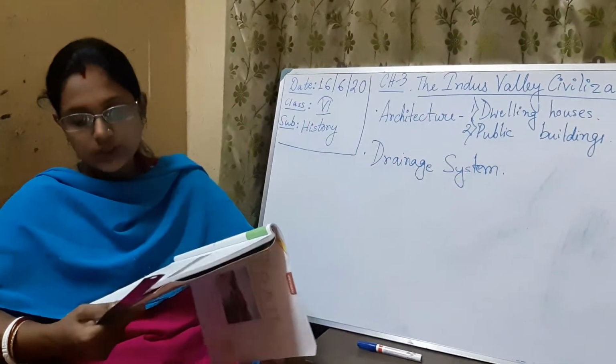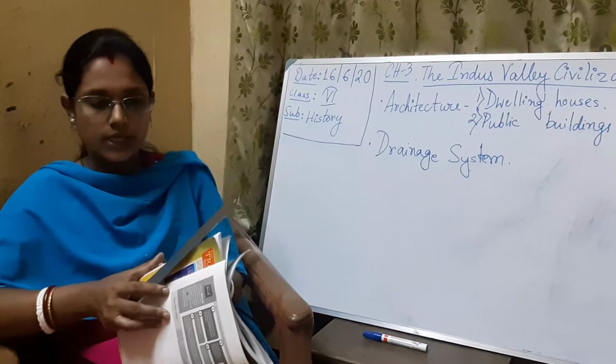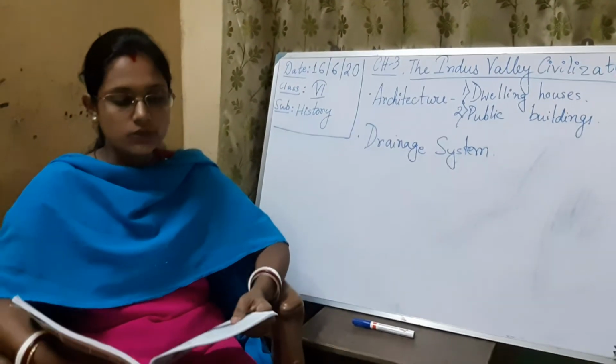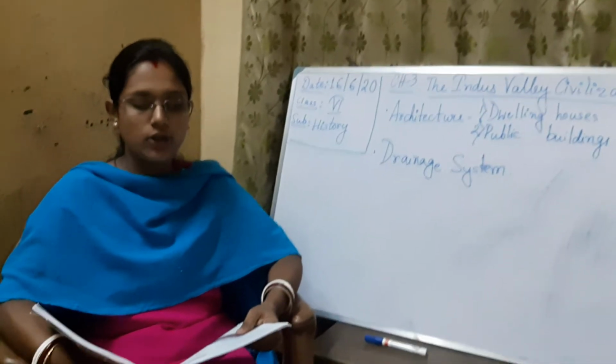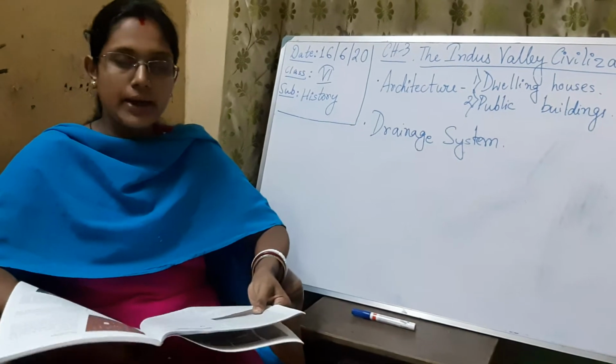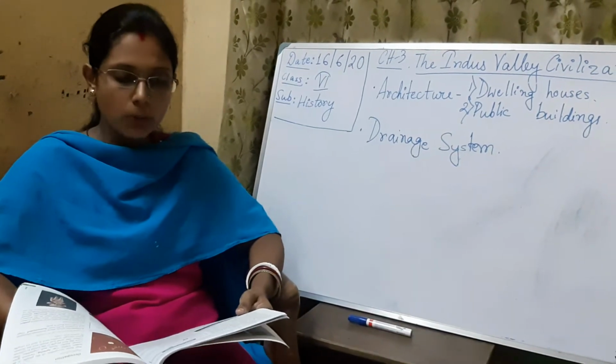Okay. Now, please turn to page 28. There were many furnaces where metal workers produced a variety of objects. Furnaces were also present, and in those furnaces metal workers made many types of objects.